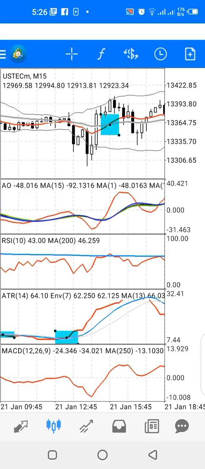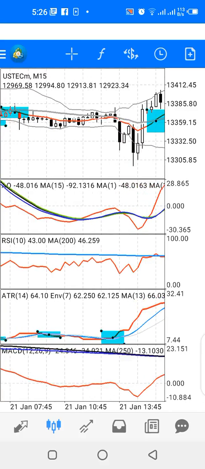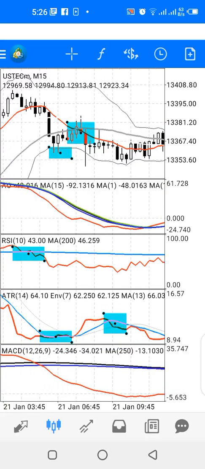Okay, so basically indicator window 3 will tell you when you have your wave. Is it impulsive wave? Is it retracement? So each swing from one swing point to another swing point will tell you your wave. Like from here, from this point to this point, more like your impulse or your retracement.